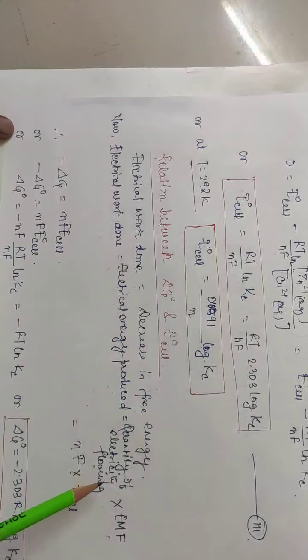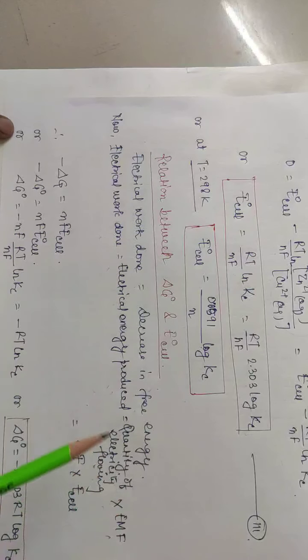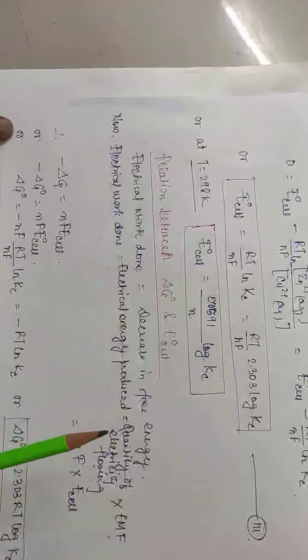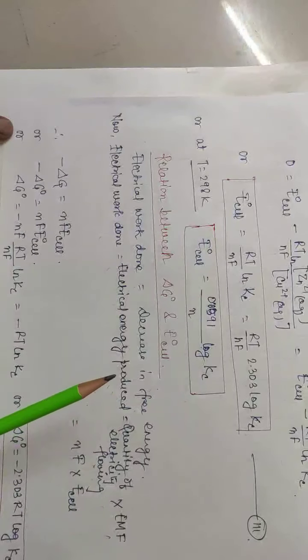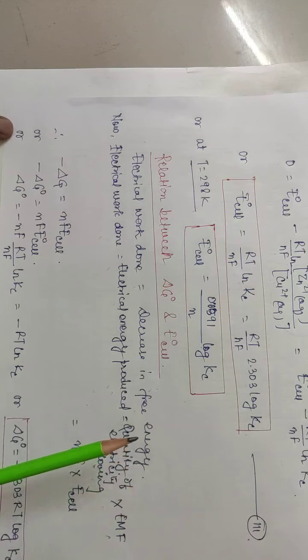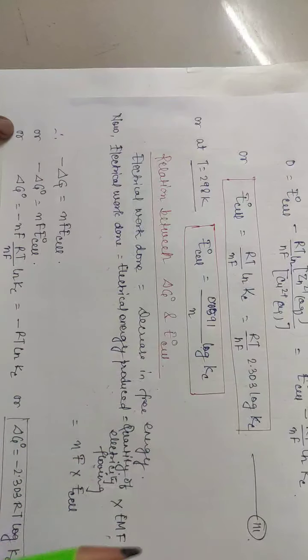Now for 1 mole of electrons transferred in the cell reaction, the quantity of electricity is 1 Faraday, that is 96500 Coulomb.